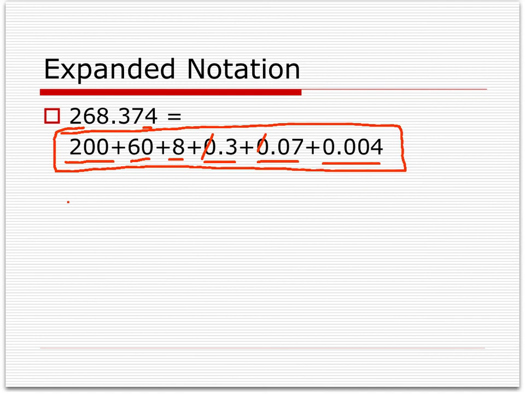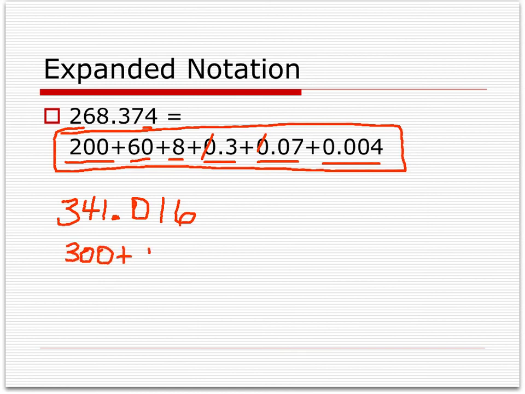So press pause. I'm going to give you a problem to try on your own and see if you can write this number in expanded form. Let's try 341 and 16 thousandths. So breaking this number down, I have 3 groups of 100 for 300.